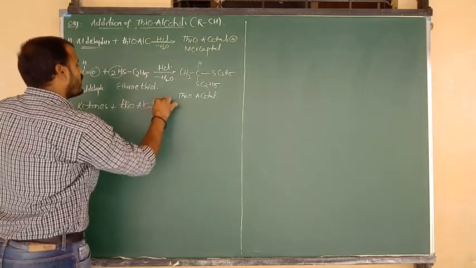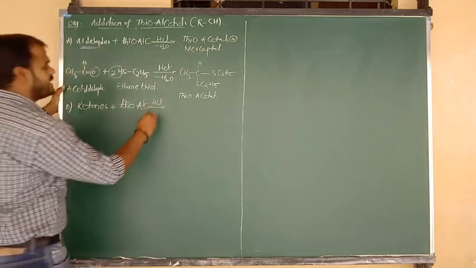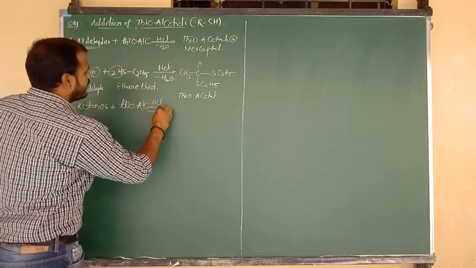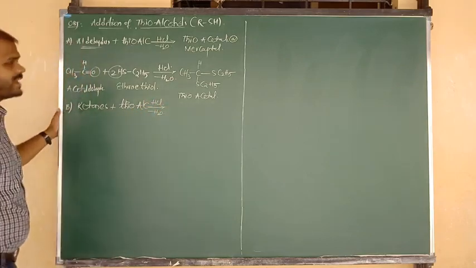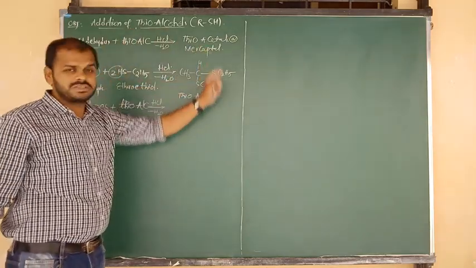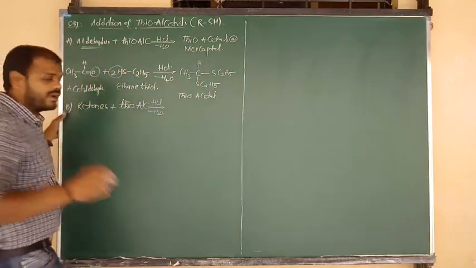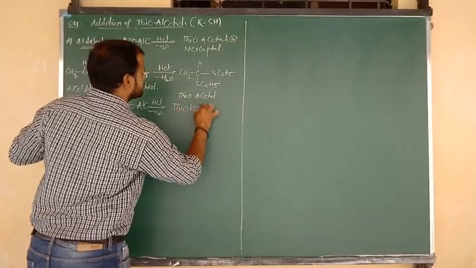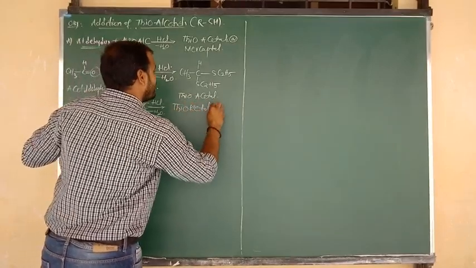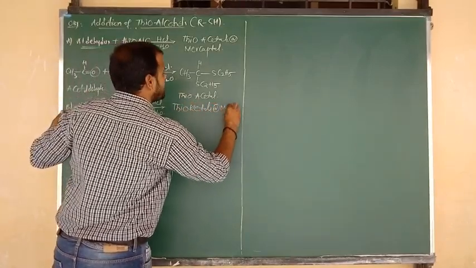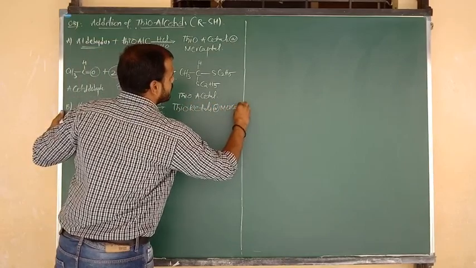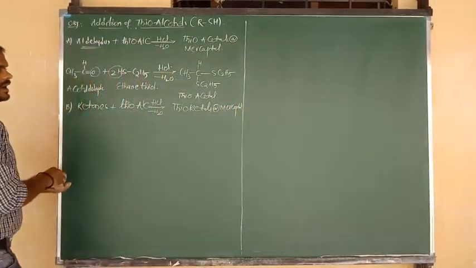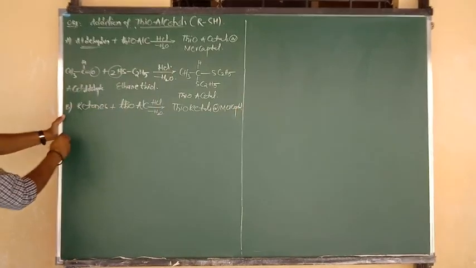Addition of thioalcohol takes place in presence of HCl, followed by elimination of water molecule. Aldehyde upon addition gives thioacetal, and ketones upon addition give what? Thioketal. And also we can say mercaptan, this is the same.